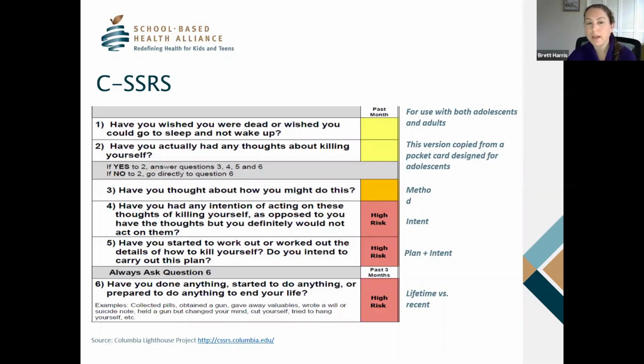Essentially, depending on the population and the way that your organization wants to handle it, a yes to 3 and below can be positive, or a yes to 4 and below. So when you're taking more of a public health approach, a population-based approach, like school-based health centers, I would recommend having 3, 4, 5, and 6 be positive rather than just 4, 5, and 6.